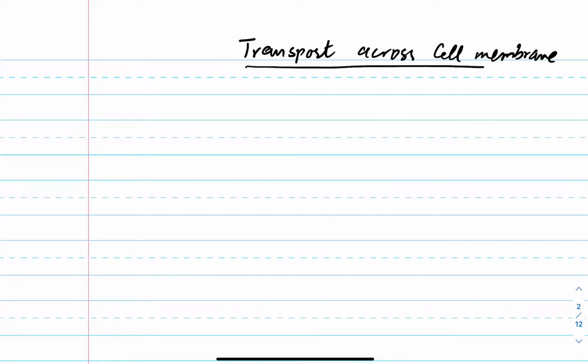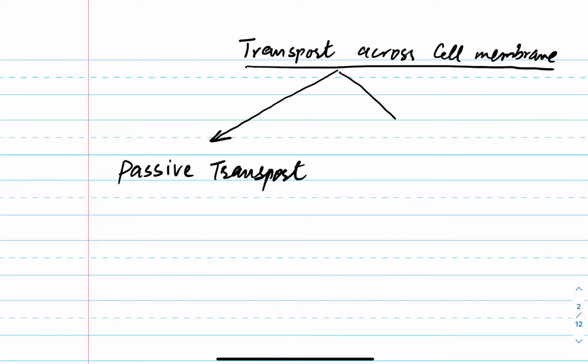So let's see, transport across cell surface membranes can be divided into two methods. It is passive transport and active transport.